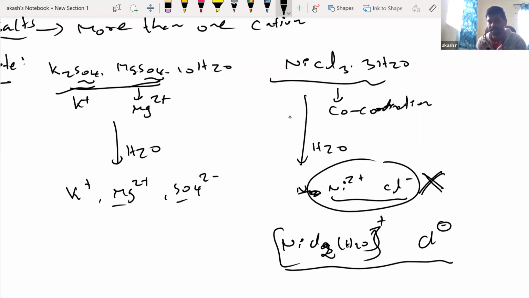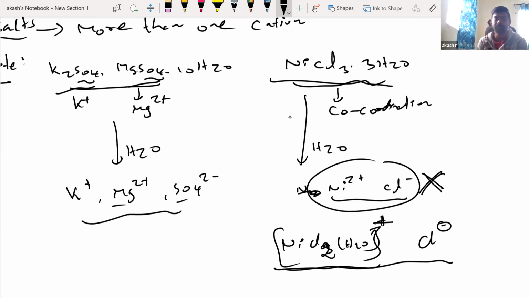So what we have to understand is the ionization itself is going to be different, how this particular molecule undergoes ionization. Coordination compounds do not give all the ions which you see in the molecular formula. They have these brackets which we put, and only that kind of species gets formed, which is nowhere related to double salts.